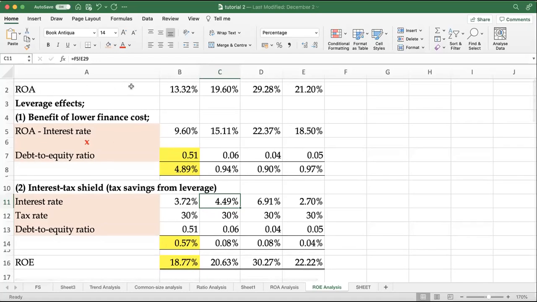One major reason for changes in ROE is return on operating assets, ROA.